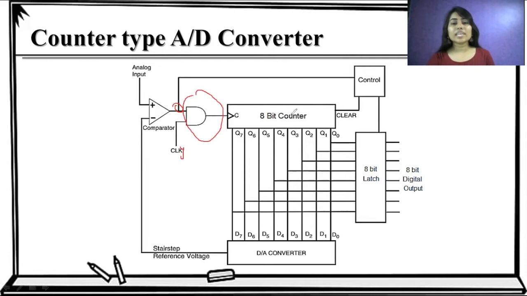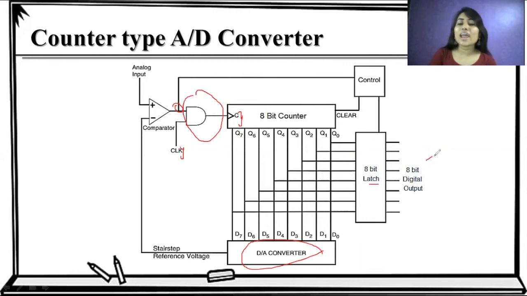The 8-bit counter counts the value, then these values are converted into analog information by the digital to analog converter. Then we compare the two values, and according to the positive or negative difference we have the AND gate, so the clock signal over here is controlled. This control circuit is used to control these values, and the output of the 8-bit counter is stored in the 8-bit latch.